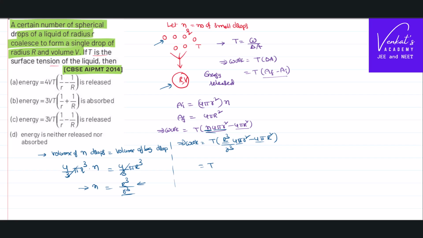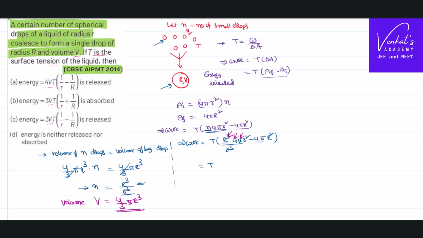But if we have to express it in terms of the volume of a drop, the answers are in terms of the volume of the big drop. V is the volume of the big drop. What is the volume of the big drop? 4 by 3 pi R cube. So 4 is there, pi is there, R cube is there here, but the 3 is not there.